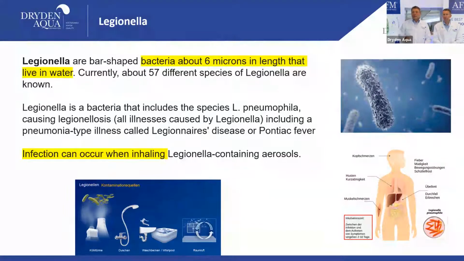Legionella, well, also bacteria. Bar-shaped, 6 microns, roughly. There are about 57 different species of Legionella, and most of them are completely harmless, really not a problem.